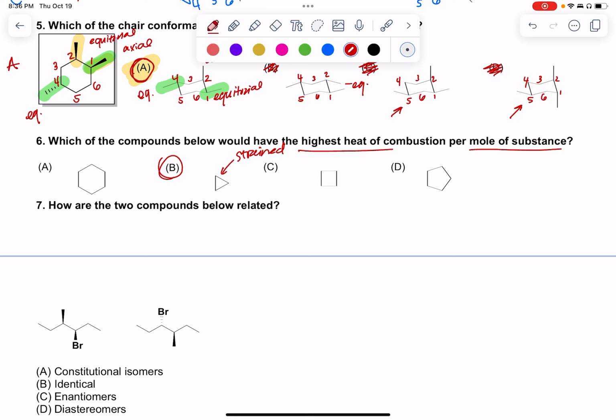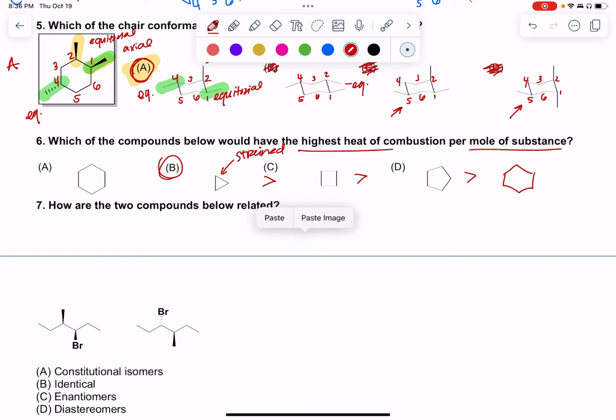So this one's got greater than this one's got greater than this one's got greater than the cyclohexane over here. And that's just something, I guess, to remember. I don't know how else to explain it. Dr. Hill may have explained it better in his video, but this has a lot of energy and it's very strained, so it's going to have a lot of heat of combustion. It's going to release a lot of energy when it's broken.